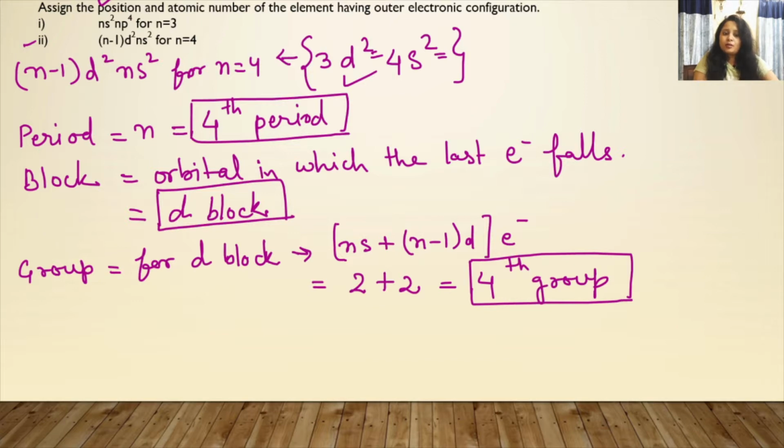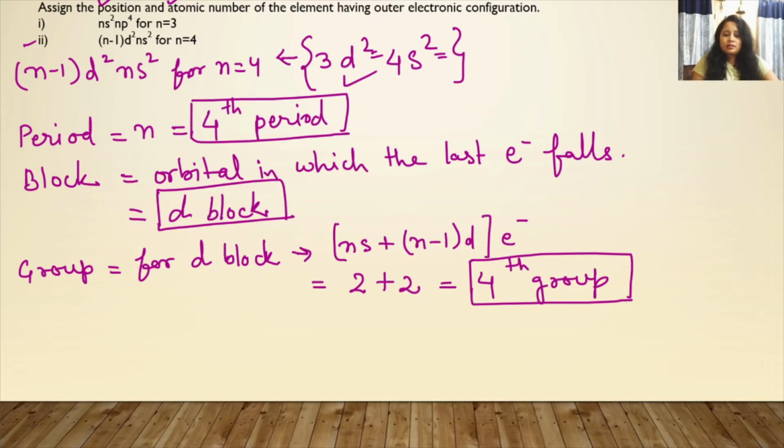Now the second point is atomic number. How will we get the atomic number? For this, we will write the full electronic configuration with the help of this outer electronic configuration. How? We need to go till 4. Before that, 1s2, 2s2, 2p6, something like that, all will be fully filled.